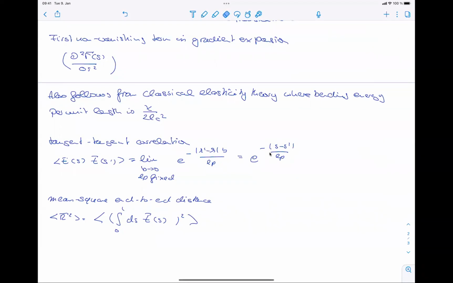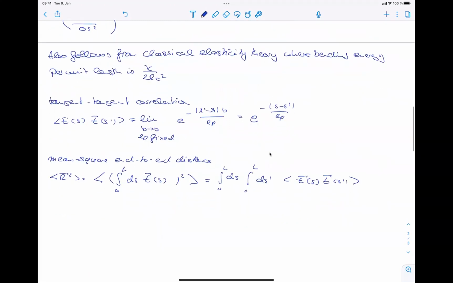This is the whole along this entire contour. If we expand this product, we have the S prime, and then the tangent correlation, which we can plug in from above. This integral then yields the Debye function again.